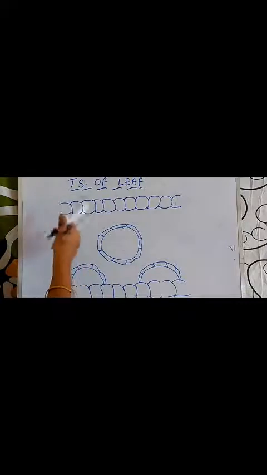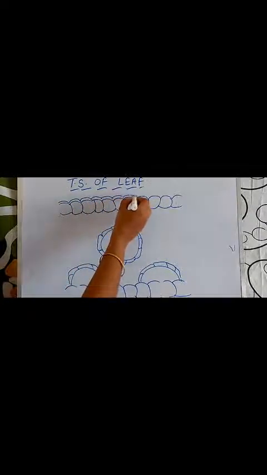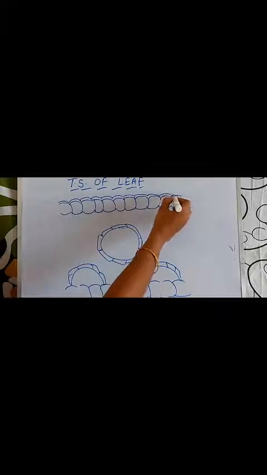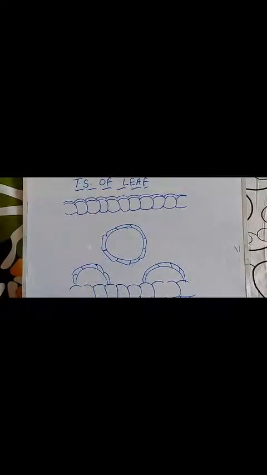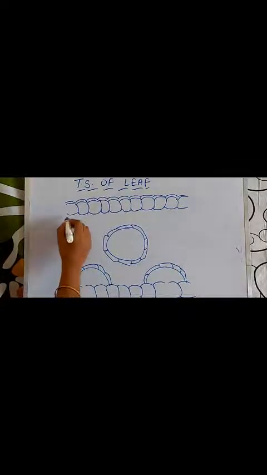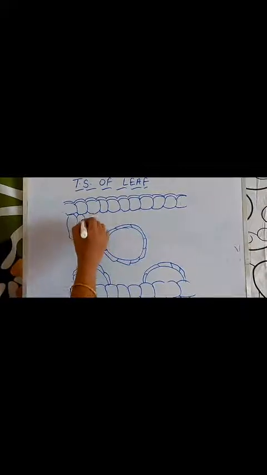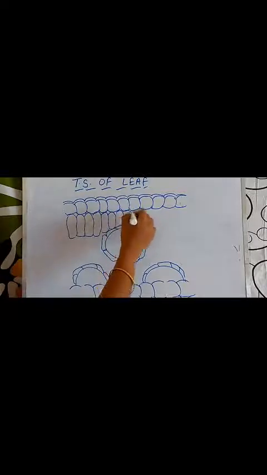Draw the cuticle on the epidermis on both sides, forming the contours of the epidermal cells. Like this. One more line you have to form on that, which is known as the cuticle. Now draw the mesophyll cells lining the air spaces as shown. Draw the palisade tissue, the palisade parenchyma, like this, with some irregular, rectangular shapes.